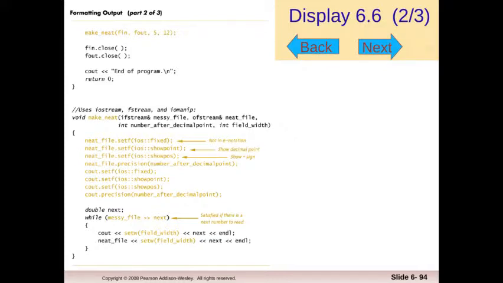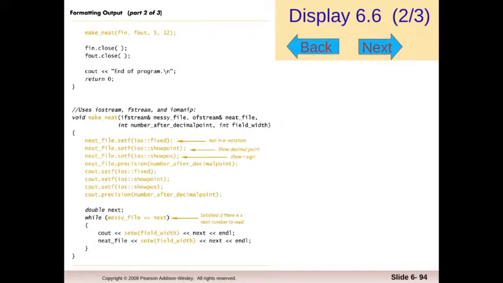And then we have this loop, a loop in exactly the same fashion that we just discussed, that goes over all the data in messy file. So this will be true as long as there is something in messy file that can be read and extracted and assigned to the variable next. And also that happens as part of executing this.